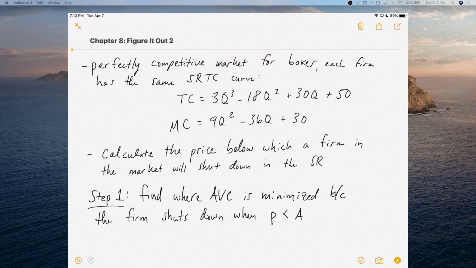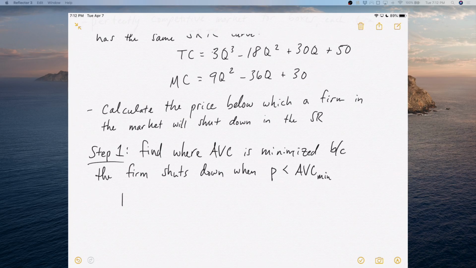Okay, so next question is, how do we find average variable cost? The only thing that we have is the total cost and the marginal cost. Well, remember, in the total cost function, we've got 3Q cubed minus 18Q squared plus 30Q plus 50. In this total cost function, 50 represents the fixed costs because it doesn't change when you change the amount that you're producing.